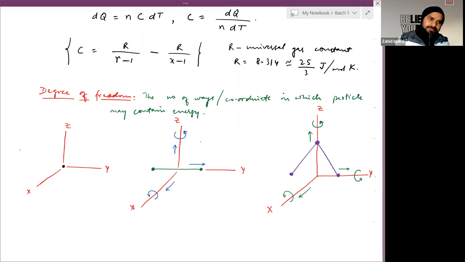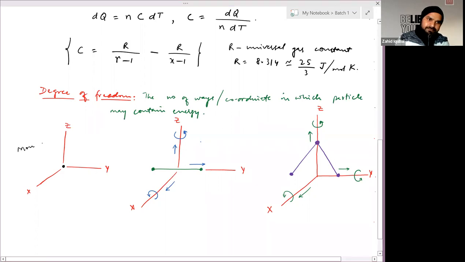So in first part, for monoatomic, just like helium, argon, the number of degrees of freedom is 3, and all are due to its translational motion.